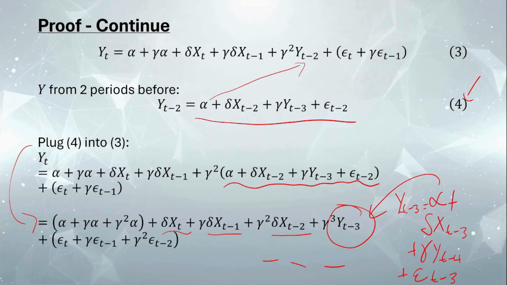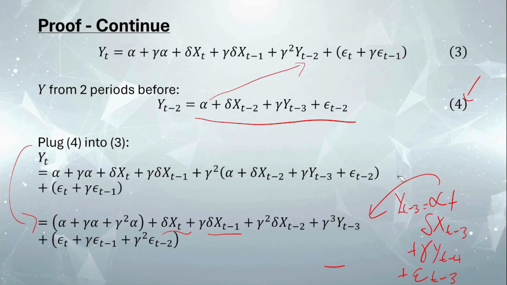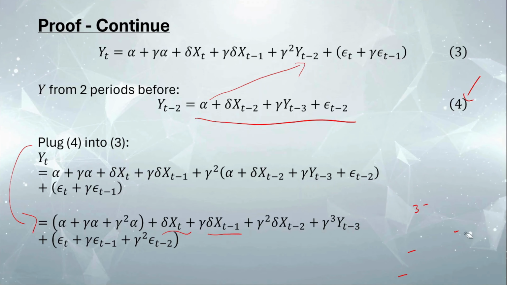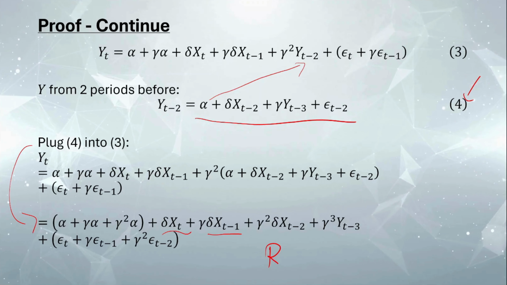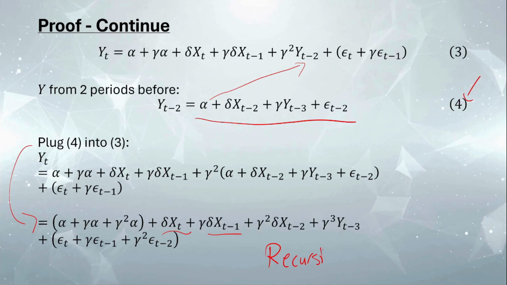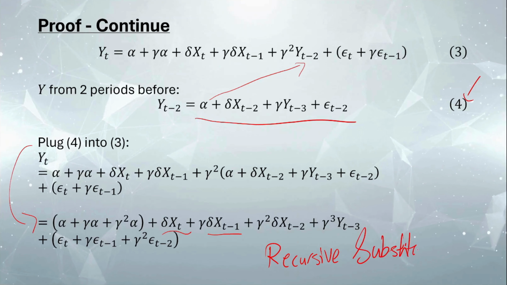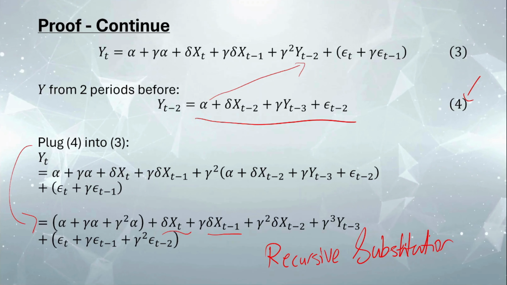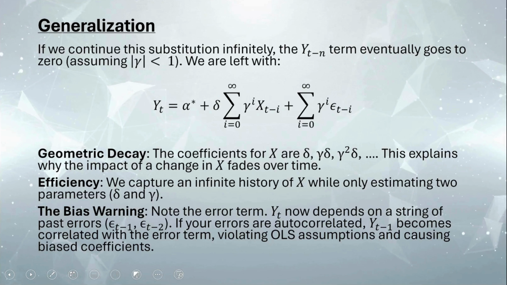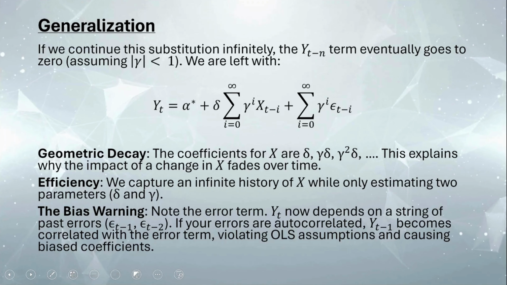So this whole thing that we are talking about, going on and on, is actually what we call a recursive substitution. Just doing that to prove that we get what we call a simple autoregressive model for an infinite distributed lag model.